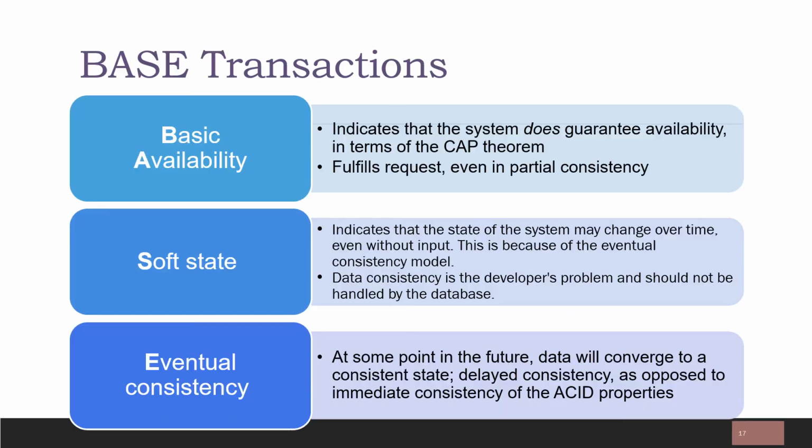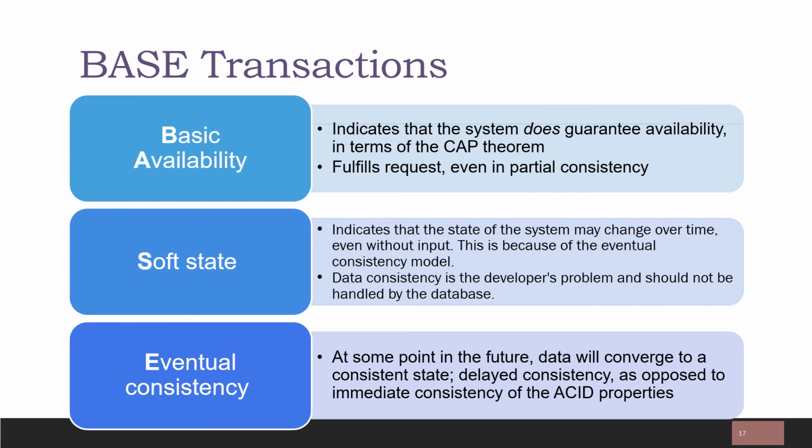We have discussed ACID transactions, which are important properties for relational models, right? So next we will talk about another type of transactions, which is called BASE transactions. The concept of BASE transactions could be considered as an alternative to ACID transactions. So let's have a look.